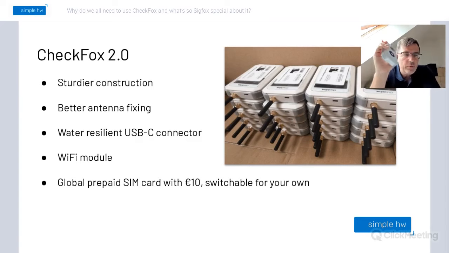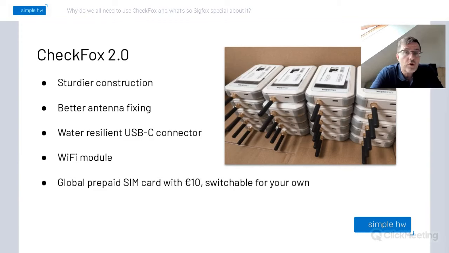We have added the Wi-Fi module, and we have also changed the model a little bit because we have seen some people have a hard time getting SIM cards into the device. Even though we have video instructions on the website, you just unscrew the 6 screws and put in the SIM card, many customers were reluctant to open the device. So we are now shipping the device with a prepaid SIM card.